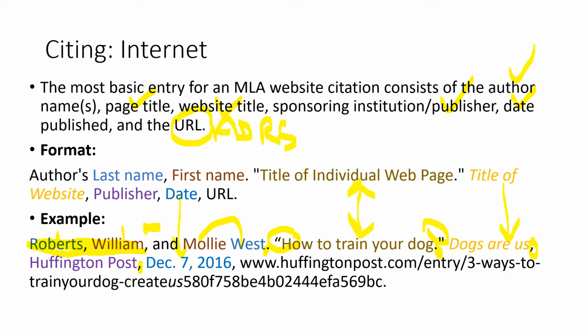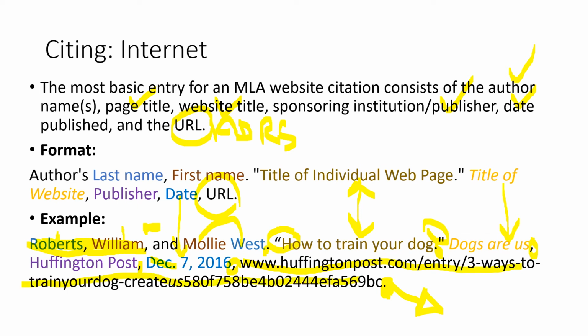Date, comma. You can write December in big letter, like the entire word if you want, doesn't really matter. And then the URL, and don't forget the last period. A lot of people forget that, and then in the real world you end up losing points. So here we have the entire website all the way here.